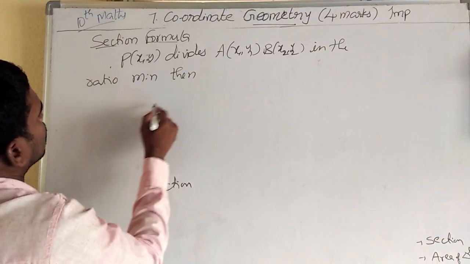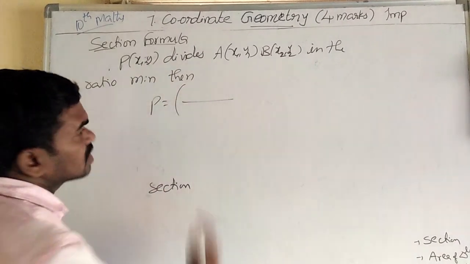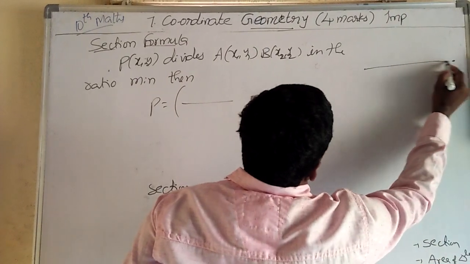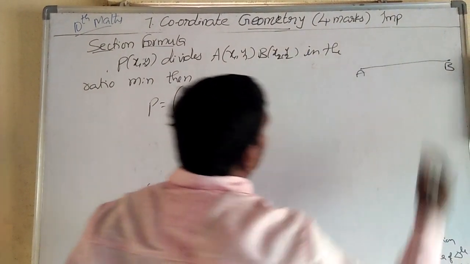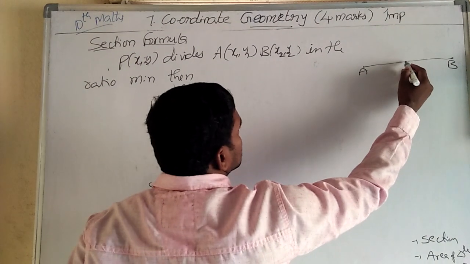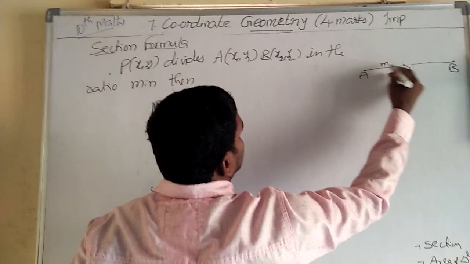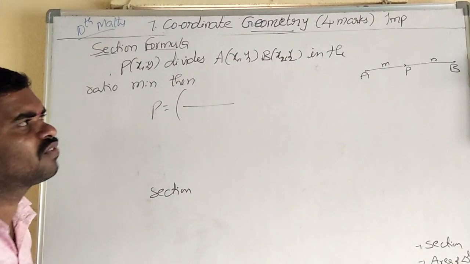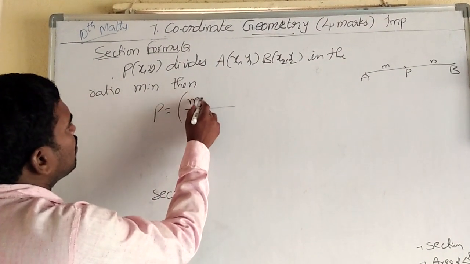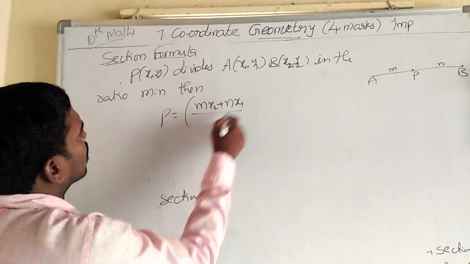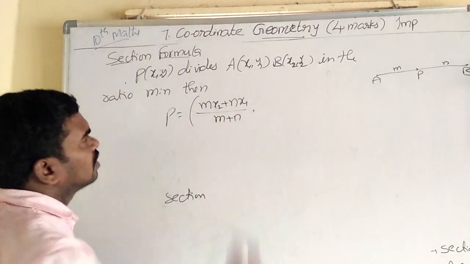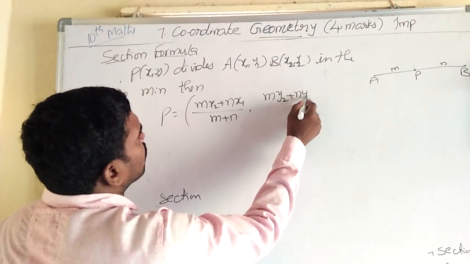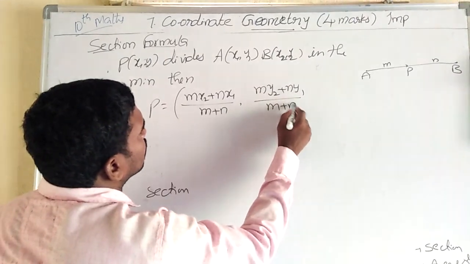Suppose A and B are 2 points, joining these two, it is a line segment. Suppose P is a point which divides it in the ratio m is to n internally, then how can we find P? The formula is mx2 plus nx1 by m plus n, comma my2 plus ny1 by m plus n.